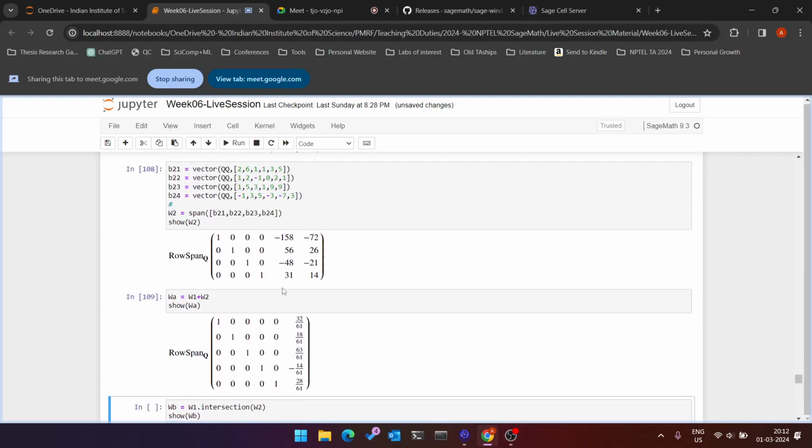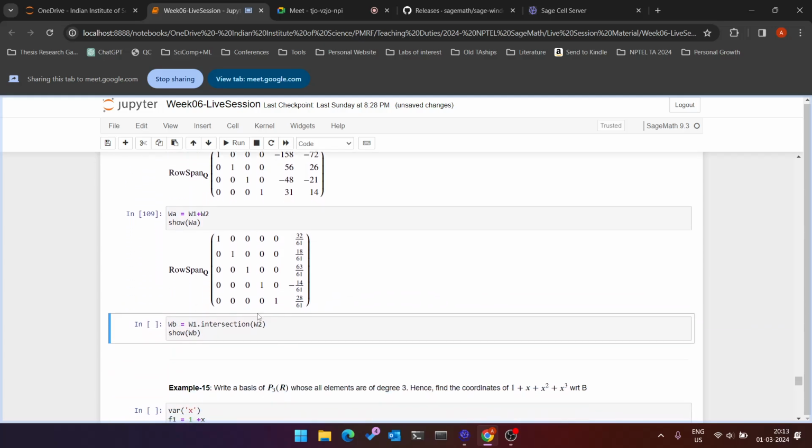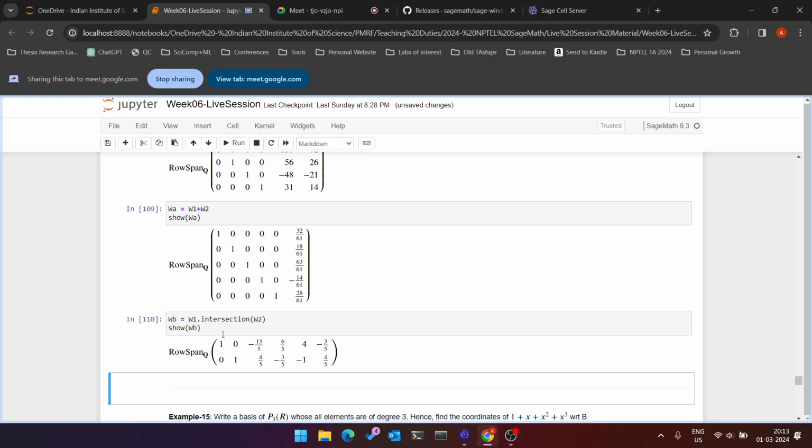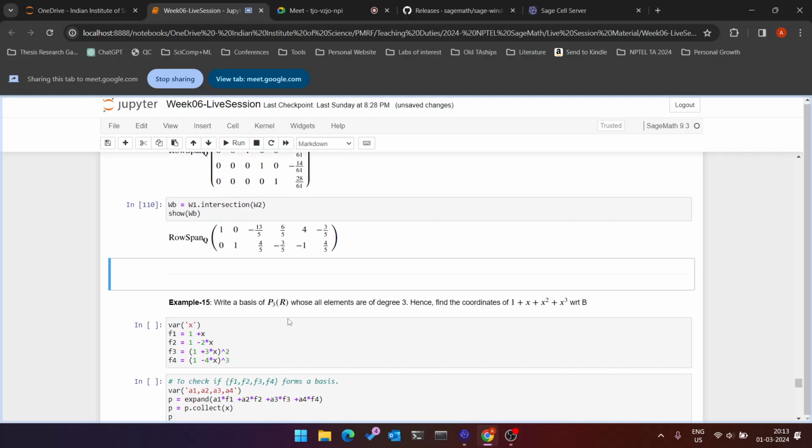So since this is 5 and the above two are 3 and 4 respectively, we expect the intersection to have dimension 2. And if I do that, W1 intersection W2 as WB, I can see that it's a row span of two rows, which basically confirms our formula.